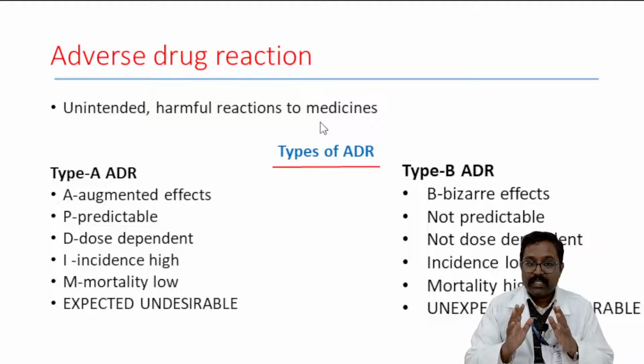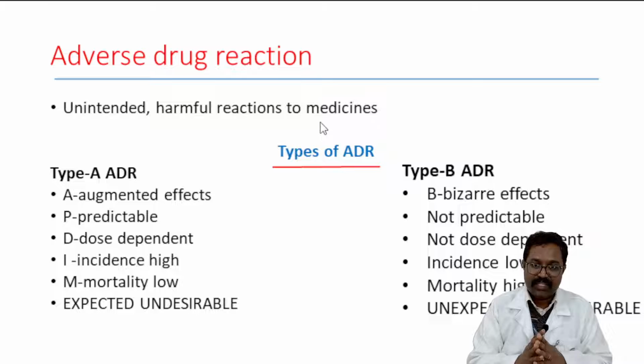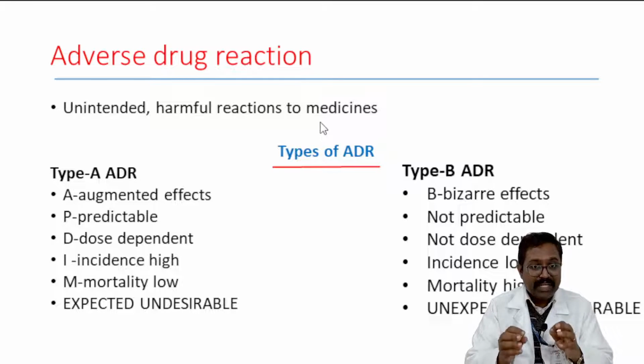So these three or four things should be there in the definition: unintended harmful reaction to the medication taken at the normal therapeutic doses, for prevention, treatment or diagnostic purposes.